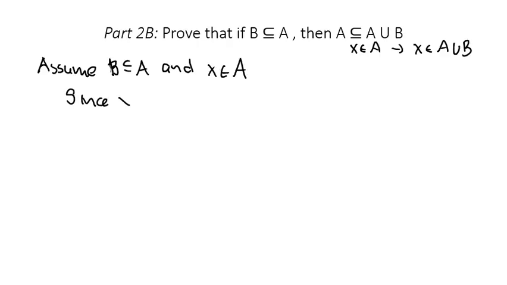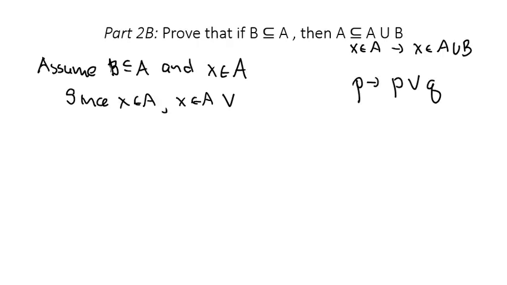Since X is in A, we know that X is in A, or, and again this goes back to the equivalence, that P implies P or Q. So we can say X is in A or anything. What would we like to say? We're trying to get to the fact that X is in A union B. So why don't we just pick something prudent.